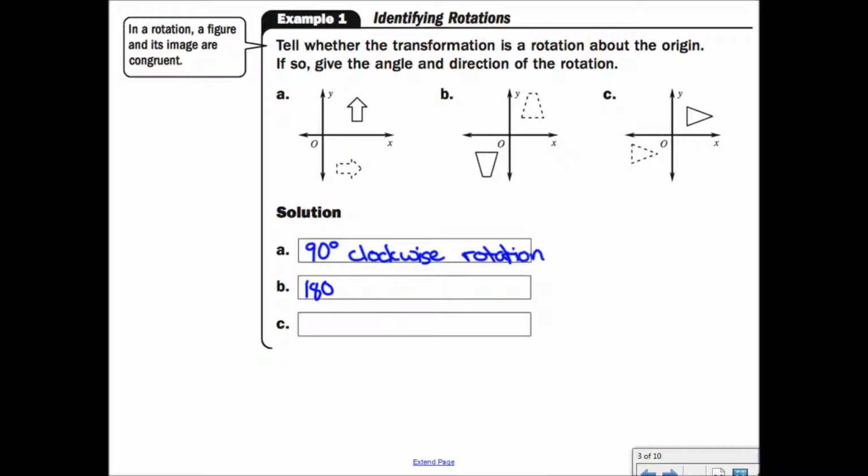So it has a 180-degree clockwise or counterclockwise rotation. C has no rotation.